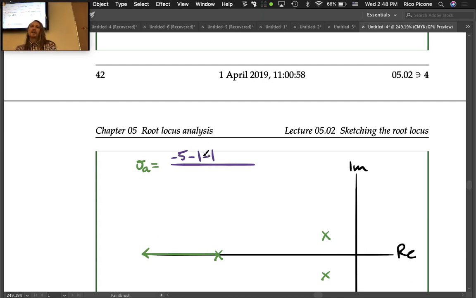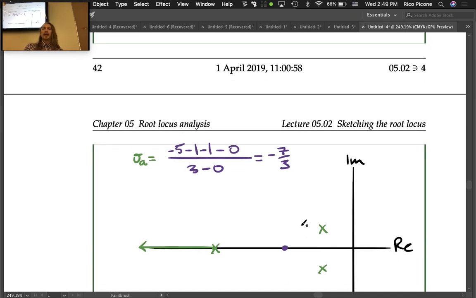Because I could have done -1 plus j1 and -1 minus j1, and then the 2 imaginary parts would have canceled. And then there are no zeros, so you could say -0 divided by 3 minus 0, np minus nz. So we get -7/3, which is like -2 1/3. So we're like in here somewhere. And the asymptote, so this is the place that the asymptotes all meet, is right here.